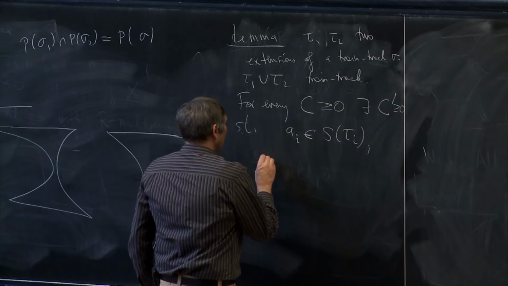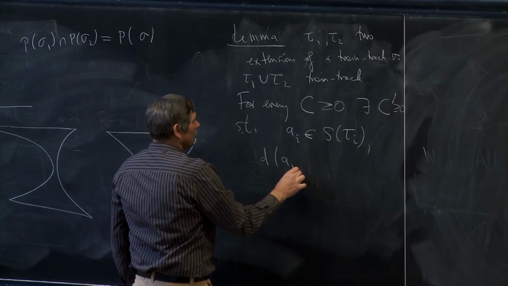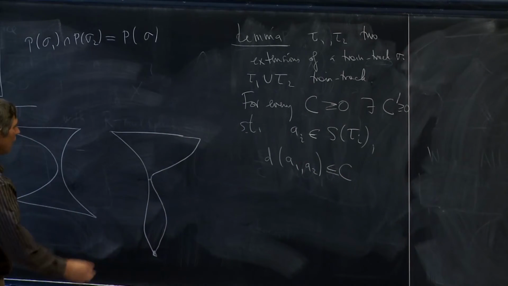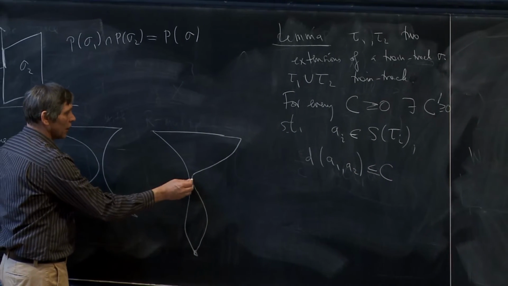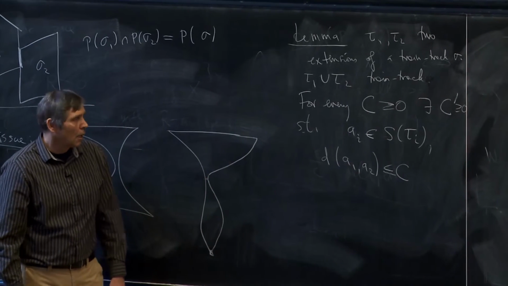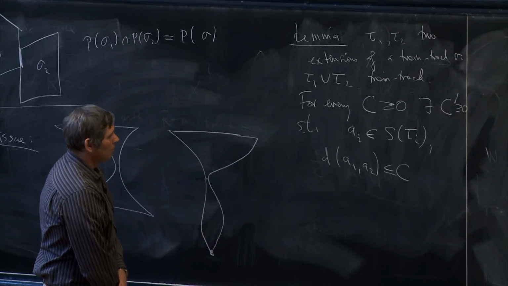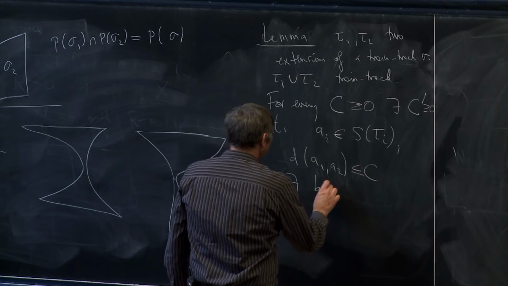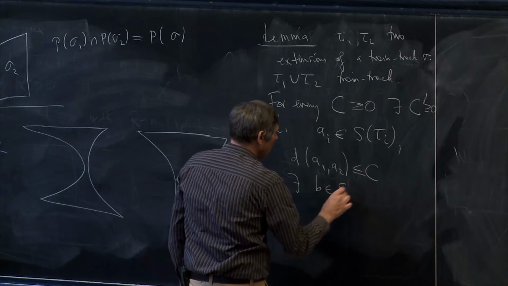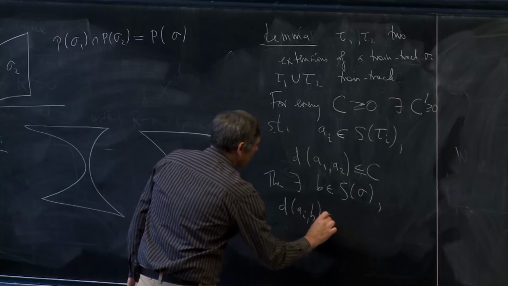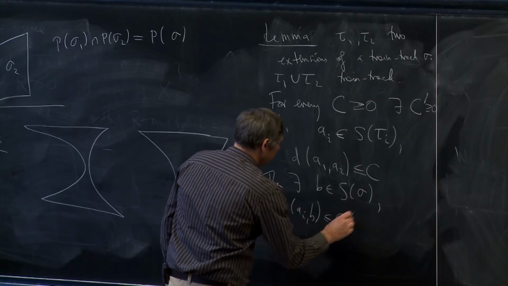So the distance in the curve complex between a1 and a2 is less than or equal to c. Okay? So this is what you should imagine when you see this picture. I mean, why does this picture arise? Well, because there are curves that are very close that give rise to this picture. And then the conclusion is, there exists a curve b that's carried by sigma so that the distance between a_i and b is less than or equal to c prime.